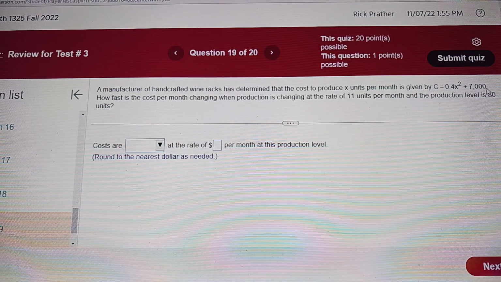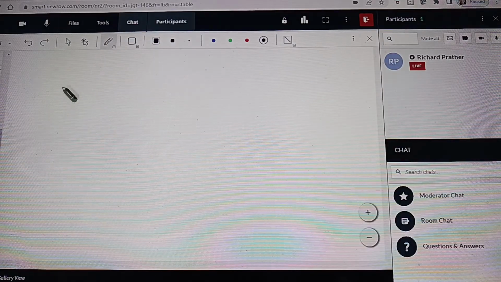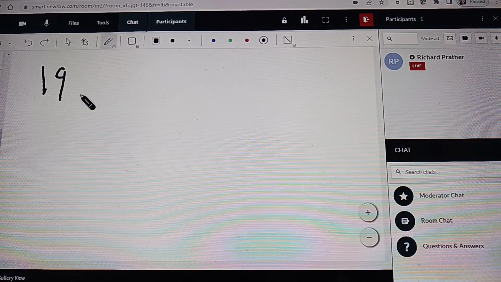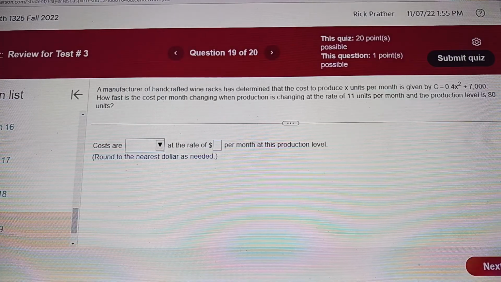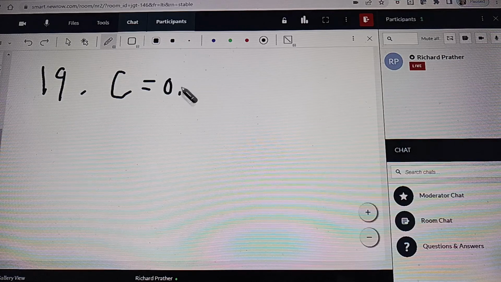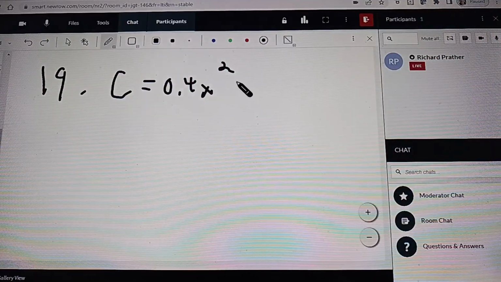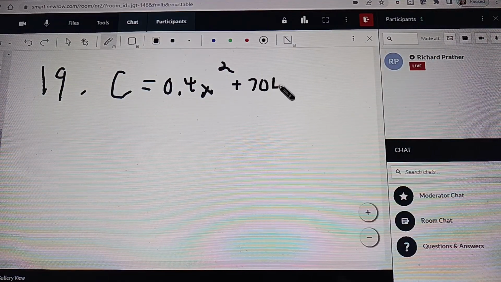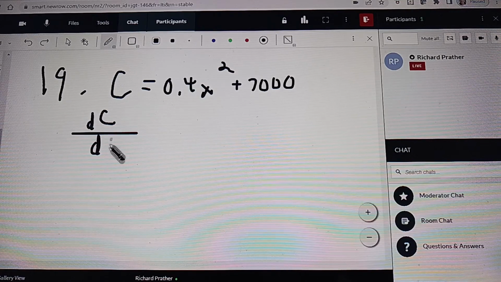Okay, here's our cost function. So again, on these problems, this is kind of like the extra assignment you're going to have. When you get your equation, c equals 0.4x squared plus 7,000, I need to do a dc over dt for the derivative of c.